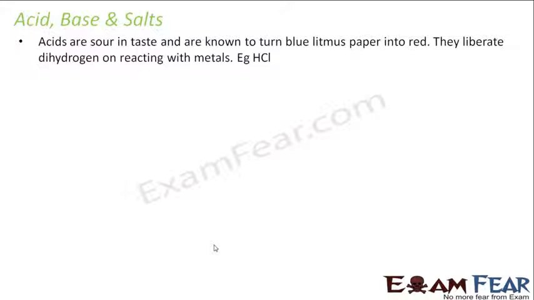We already learned those things in class 10, but we'll do a revision once again for acid, base and salt. So what are acids? Acids are sour in taste and they turn blue litmus to red.